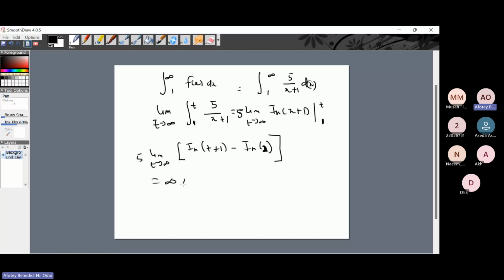Since you didn't get a particular number that the integral converges to, you can conclude that since the integral diverges, then by the integral test, the series 5 on n plus 1 diverges. When you state this again, you get 2 marks.